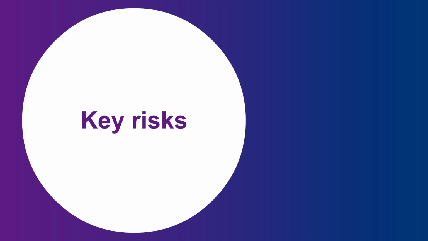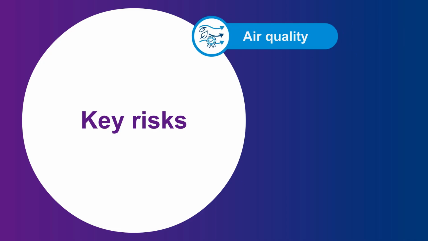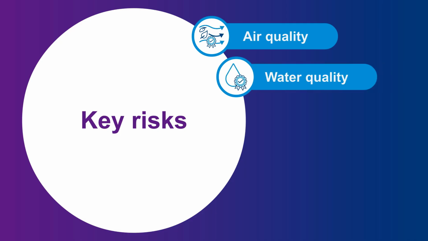Some of the key hazards and associated risks to consider when working in a healthcare environment are air quality. Dust from demolition, construction and refurbishment activities can lead to respiratory irritation or infection. Water quality. Filling a new water system too early or undertaking work on an existing system without the appropriate IPC controls increases the risk of germ contamination.